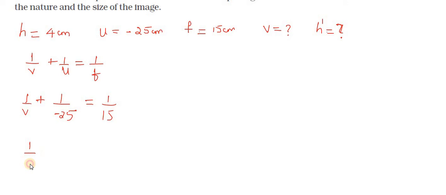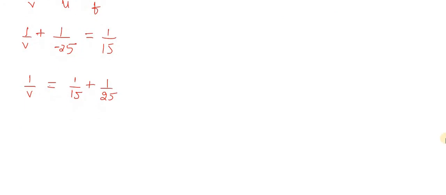1 by v is equal to 1 by 15, and transposing to the right-hand side it becomes 1 by 25. So 1 by v is equal to 1 by 25 plus 1 by 15, which is 25 plus 15 divided by 25 into 15. What is 25 into 15?